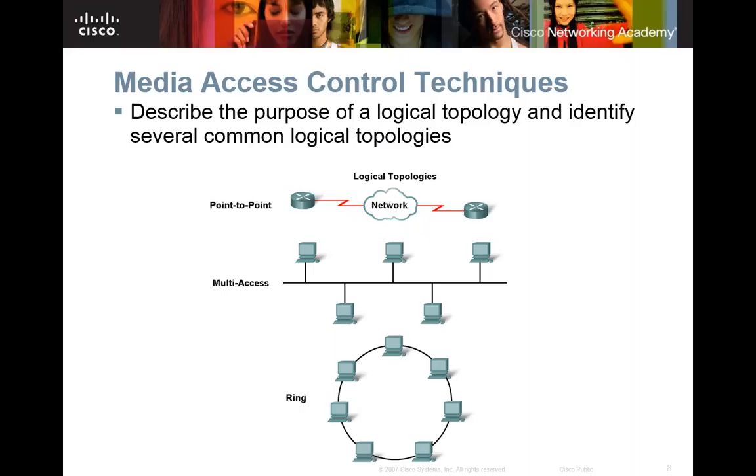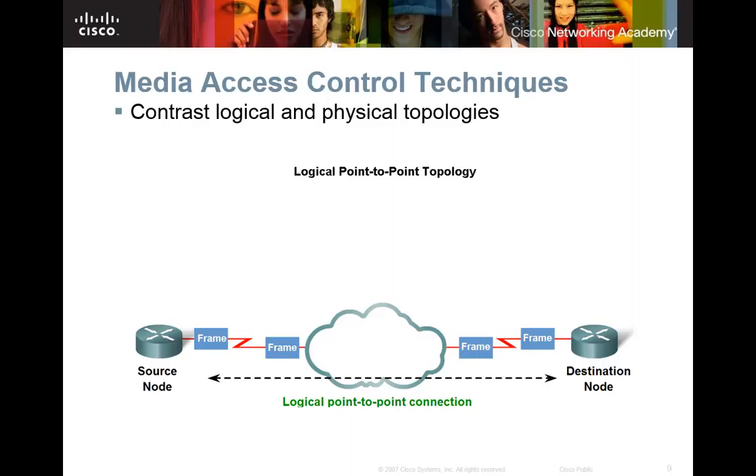Then you have multi-access, where it's more like your star network or your bus network, where you have multiple computers coming to a central focus or central line. And then the ring, where everyone's in a line and it just keeps going around and around. Those are basically the fundamental topologies, though you can have several different ones.